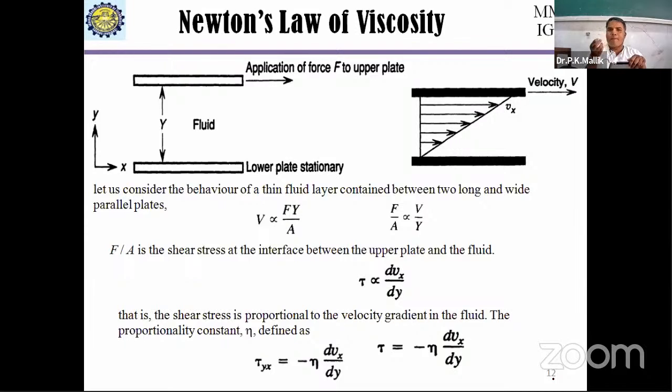You already know there are different types of fluids, like Newtonian fluids and non-Newtonian fluids. Most of the fluids you are considering in transport phenomena are Newtonian fluids, whether slags or molten metals, all are Newtonian fluids.